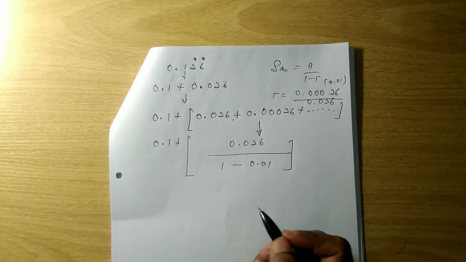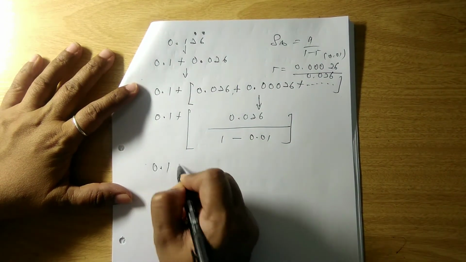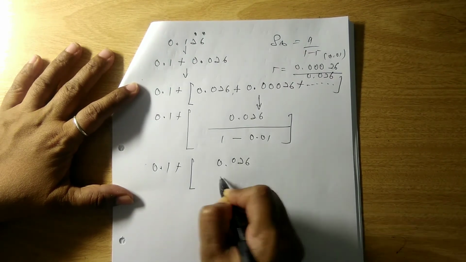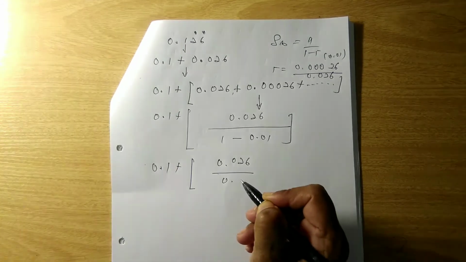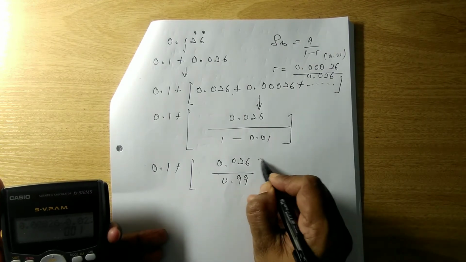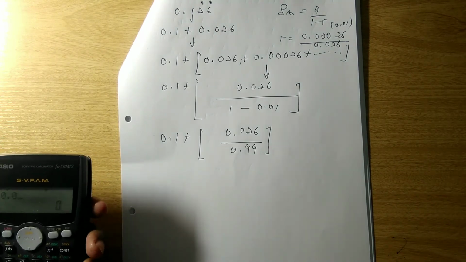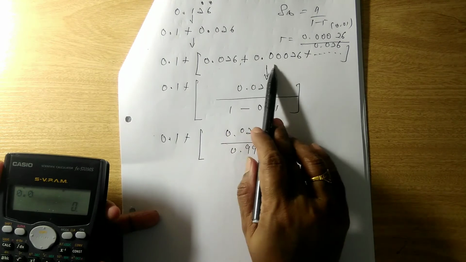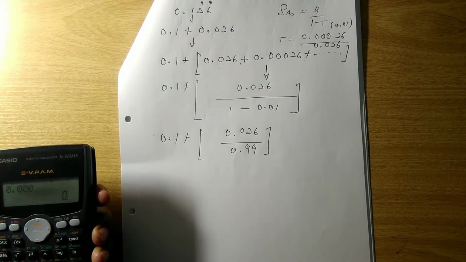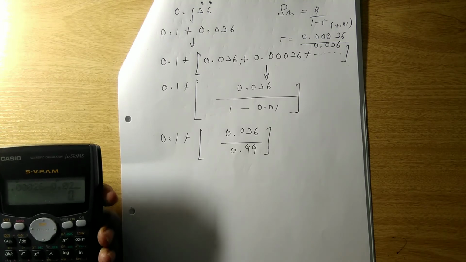Okay, so I'm not using equal sign, this is a slipshod method. So this is 0.1 over 0.026 over 0.99. Okay, so what we'll actually get is, this one will be 1, 2, 3, 4, 5, 6. Just double check. 1, 2, 3, 4, 5, 6.